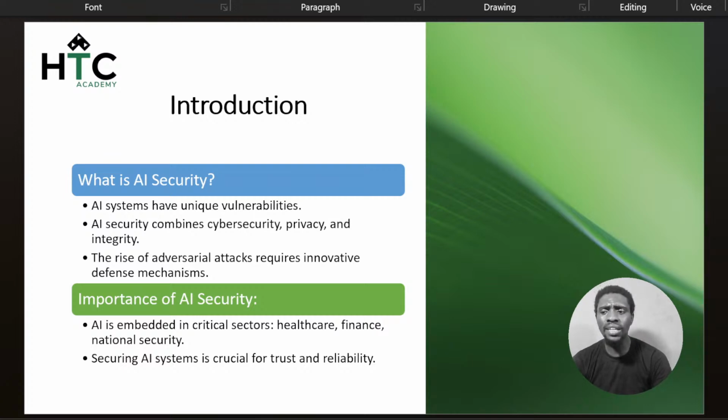Now, AI security is a combination of three key components. It's a combination of cybersecurity, which is the security of most of all these components. It also combines data privacy, which is ensuring that the data being used to train a specific AI has privacy attributes embedded into it, or privacy concerns addressed in that data, and also integrity.